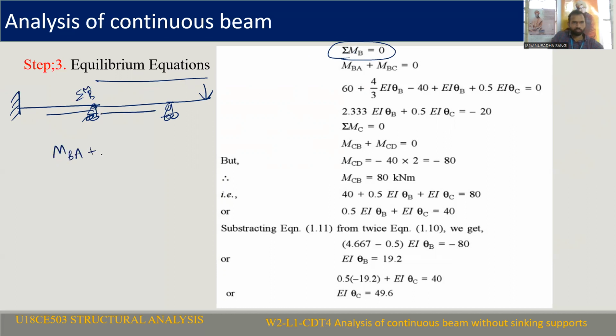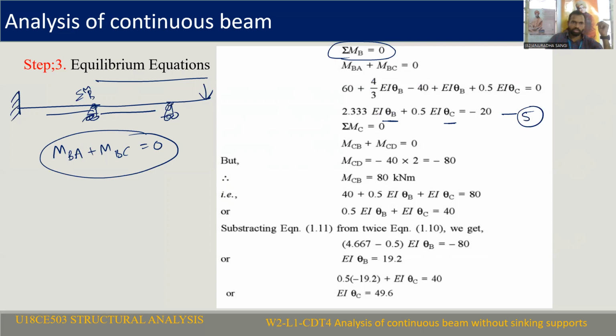You use this condition for solving the theta B value. MBA plus MBC equal to 0 gives an equation in terms of theta B and theta C. Consider this equation number 5.